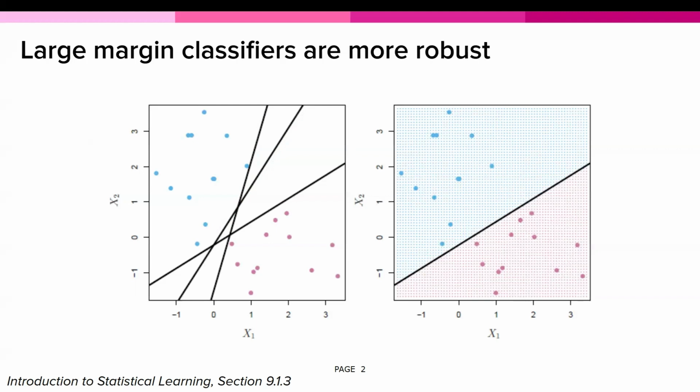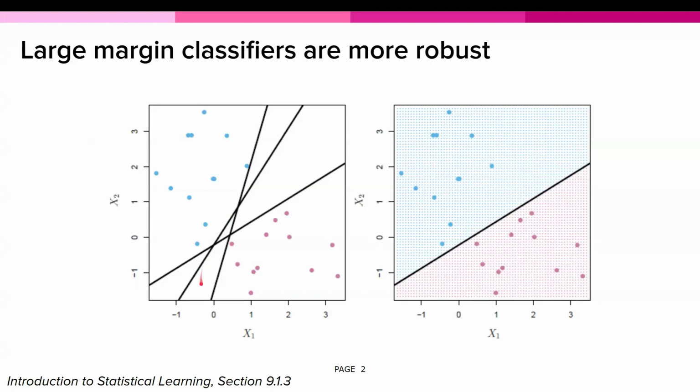And so this is the idea of margin. The margin is the separation between the closest training point and the decision boundary. We say that a large margin ensures the classifier is more resilient to noise and variations in the data, improving its ability to generalize to new unseen examples.